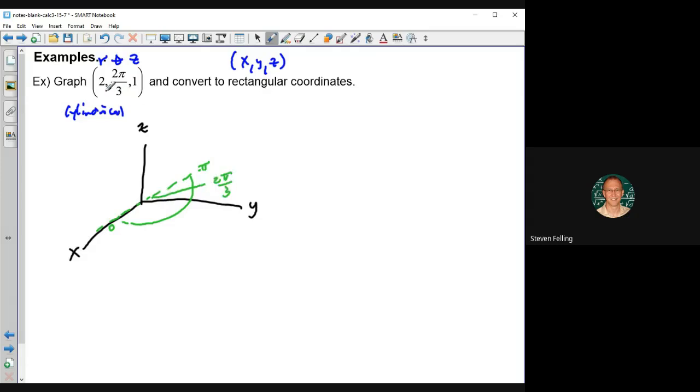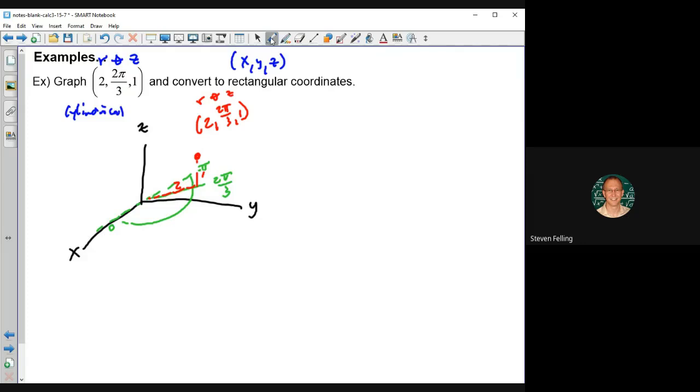Then we go a radius of 2 out along that direction, and then we go up 1 in the z direction. So it would be a point somewhere there, in octant 2, on the other side of the yz plane from where we're looking. That would be the point (2, 2 pi over 3, 1) in r, theta, and z in the cylindrical coordinate system.